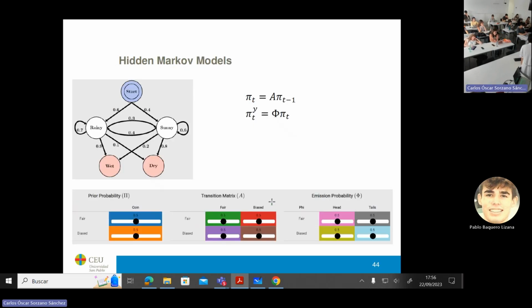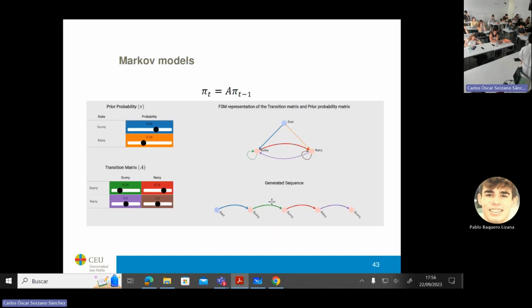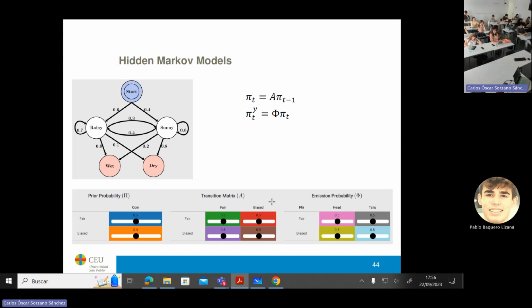And you can have hidden Markov models. So Markov model is this one. A hidden Markov model is this. So let's say that you cannot look up to the sky to see whether it is rainy or sunny. You're inside your house and all you see is somebody coming in, and this somebody is either wet or dry.